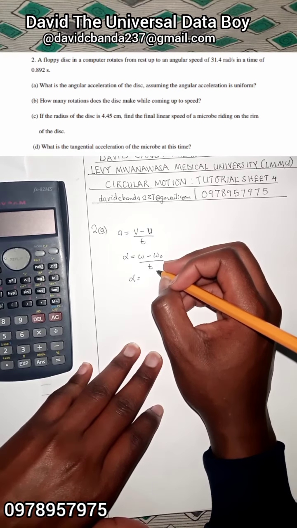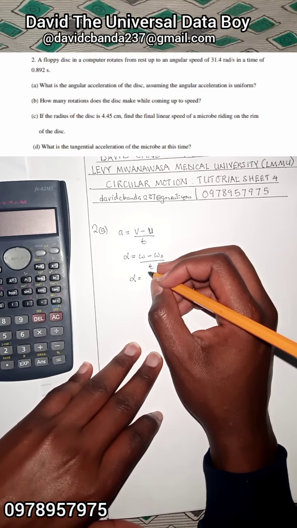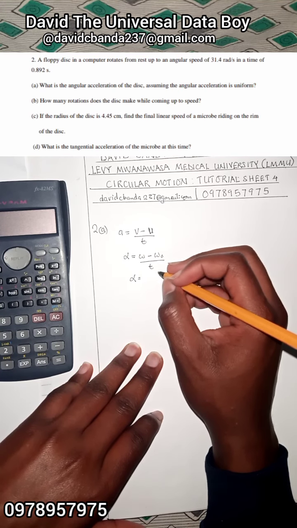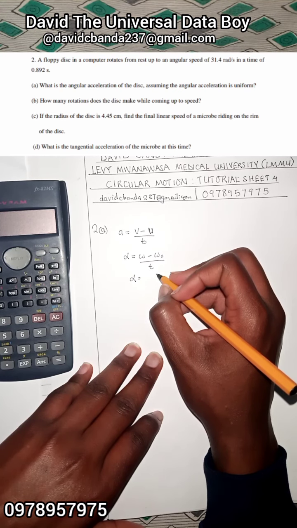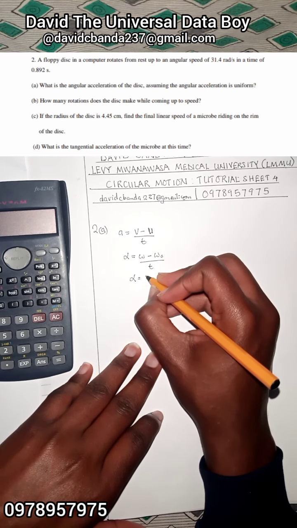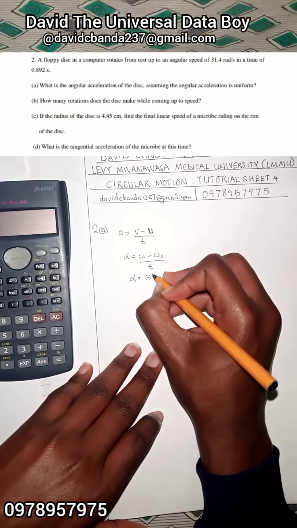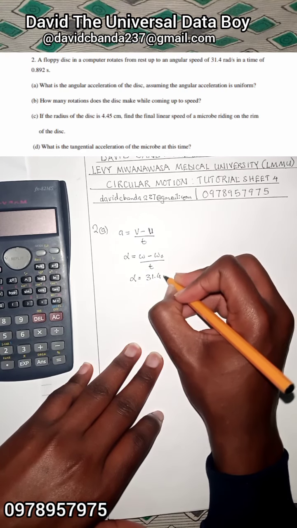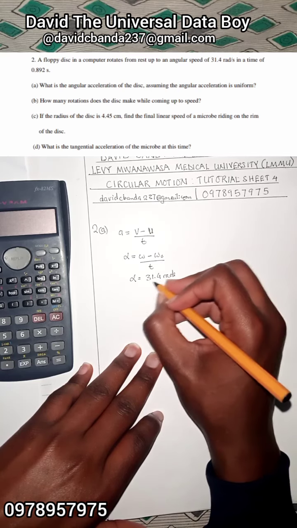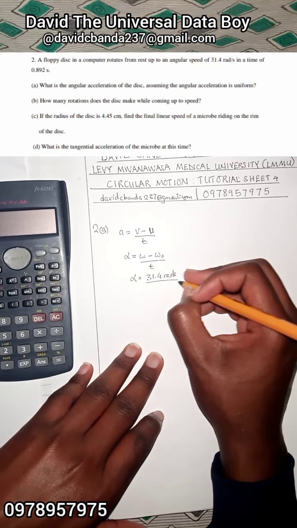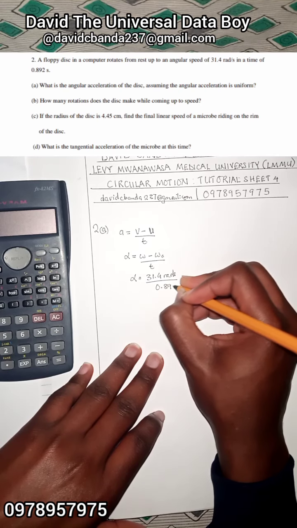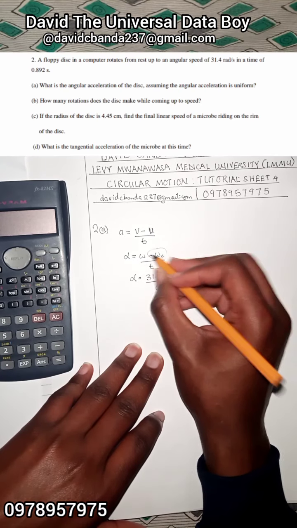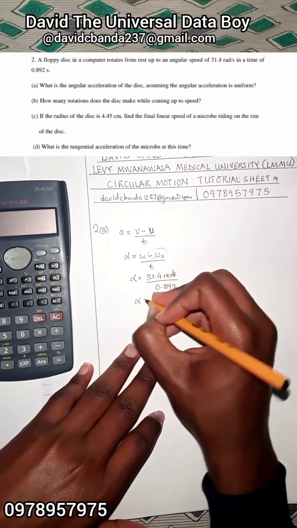So now we're being told that's the angular speed, and it comes from rest. So now the initial velocity we know is 0, and then this will be 31.4 rads per second over the time, which is 0.892. And remember, we've chosen to ignore this because it's actually 0.